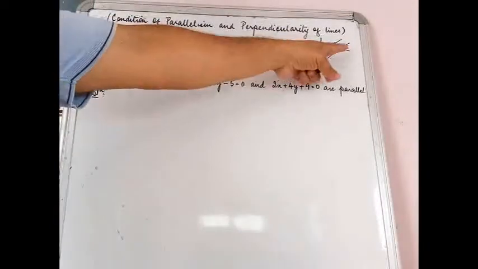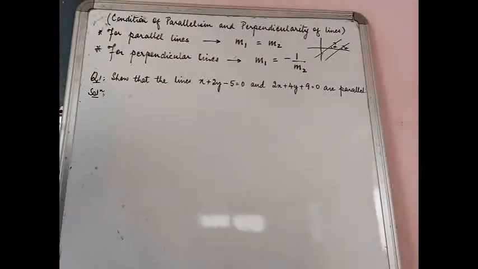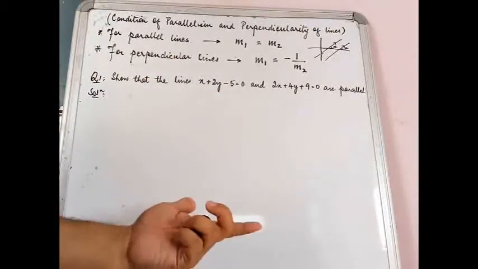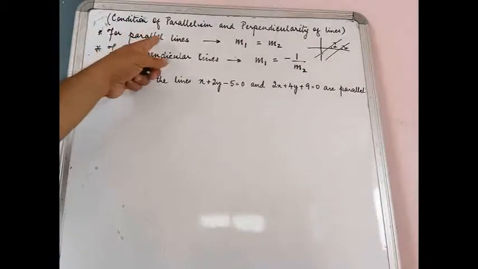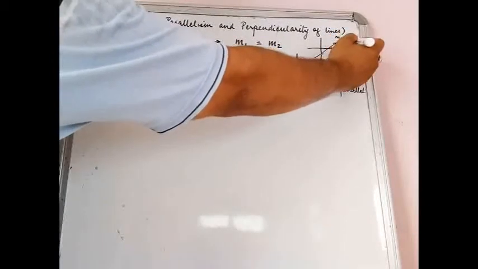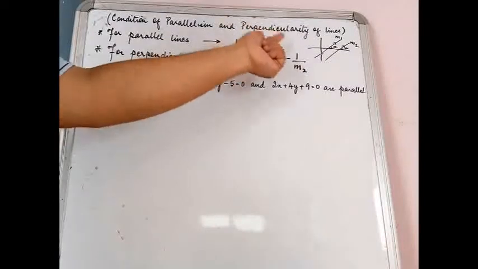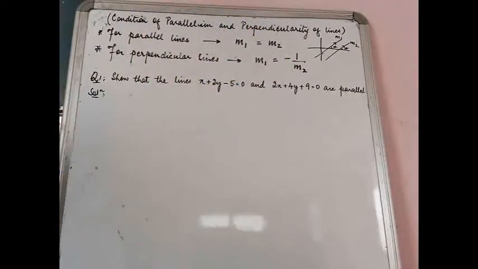If these thetas are same, then tan theta value will also be same, and tan theta is nothing but the slope. So for any two parallel lines, suppose their slopes are m1 and m2, then if they are parallel, m1 and m2 will be same, or they will be equal.